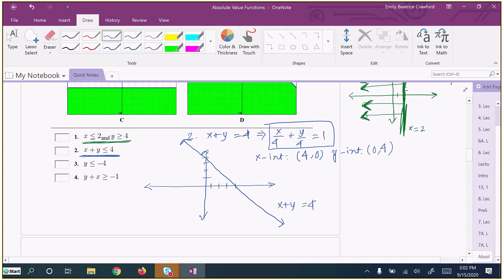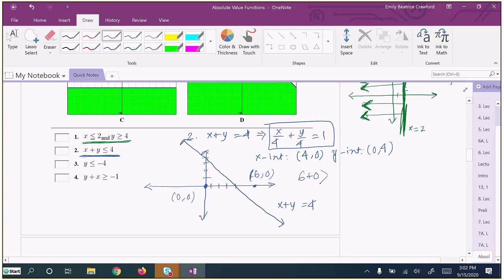But remember, I need less than or equal to 4. So I will choose a point on the left side of this line, and the easier point is (0, 0), and I will choose a point on the right side of this line. Let's choose this point over here and just for simplicity call it (6, 0). Now I use the value (6, 0) in the line. If I do x equal to 6, y equal to 0, then I get 6 plus 0.